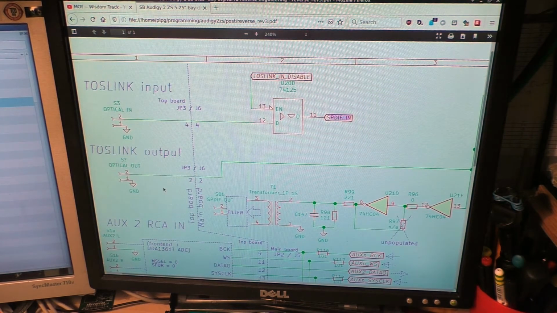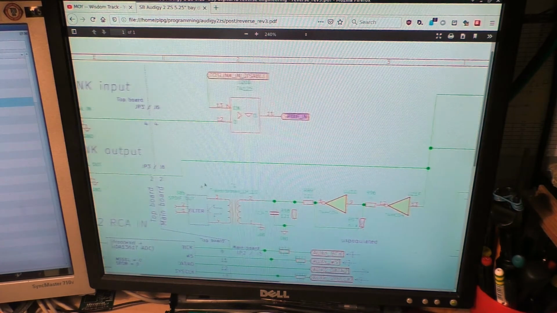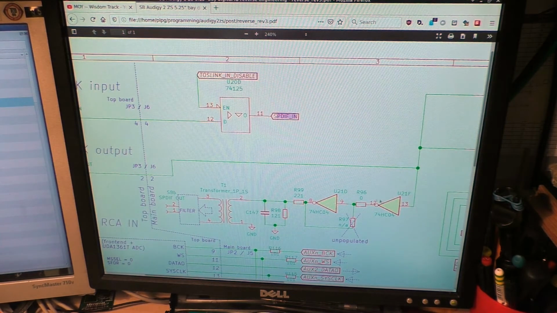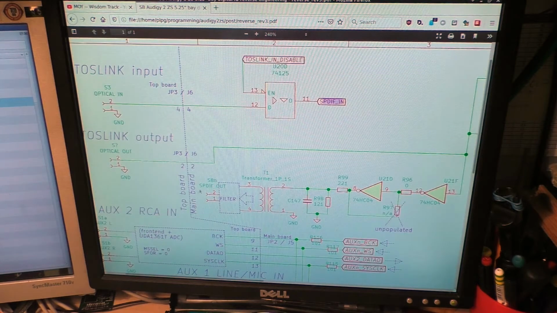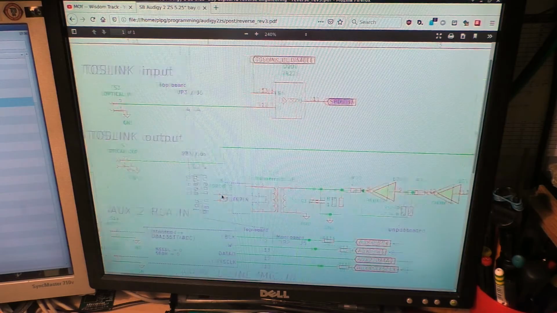This is pretty simple. That's just an optical transmitter, like a diode or something. And the other part goes through these two inverters, which buffer the signal and increase the drive strength. Then it goes through this filter over here and an isolation transformer to end up on the SPDIF output, which is the RCA jack on the front.